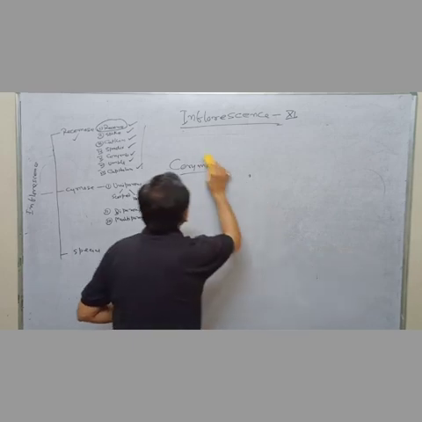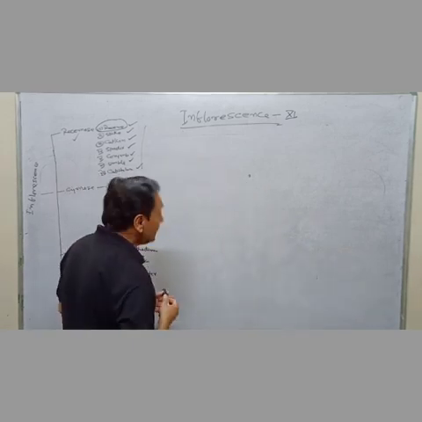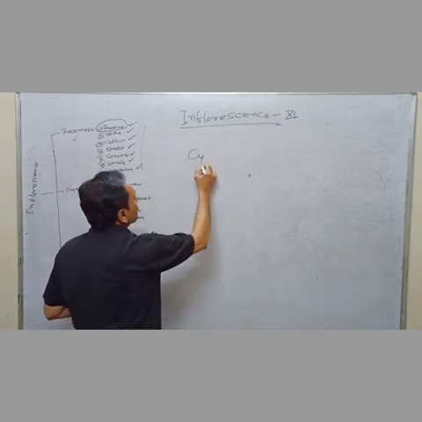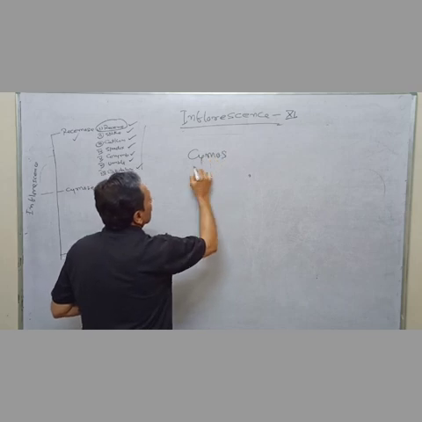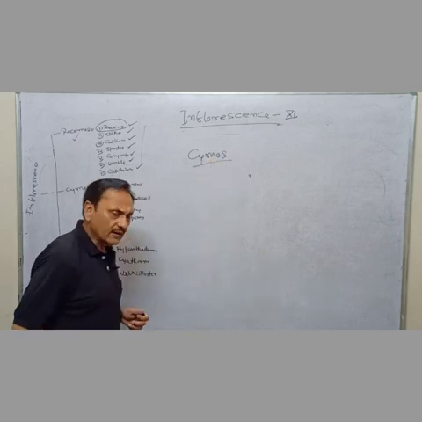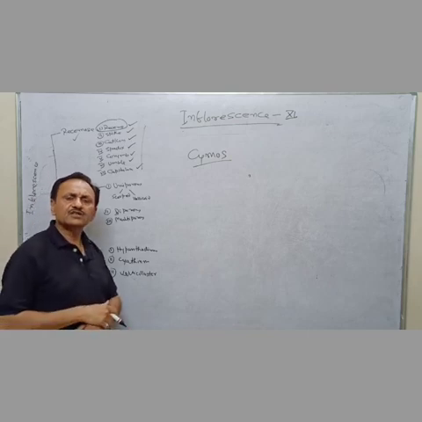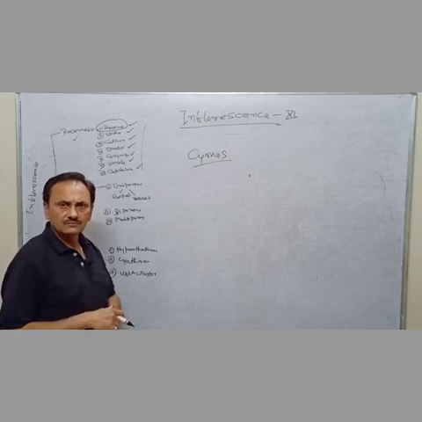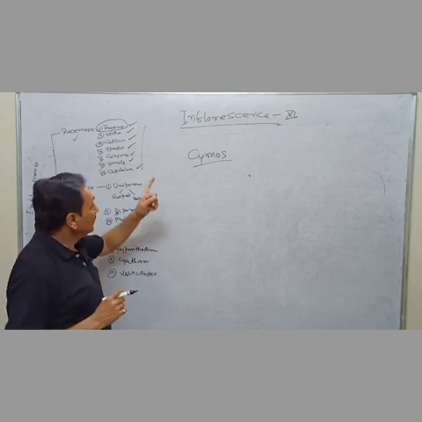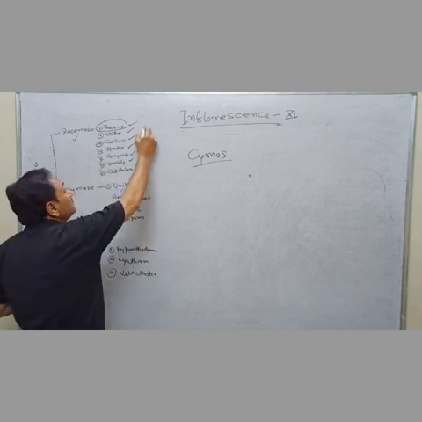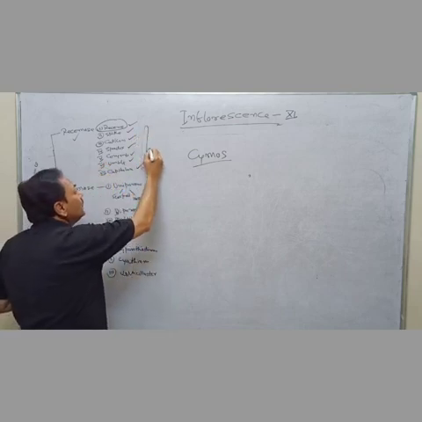Now we will discuss the cymose. In the previous lecture we discussed the basic difference between the racemose and cymose. In case of the racemose, all are monopodial.